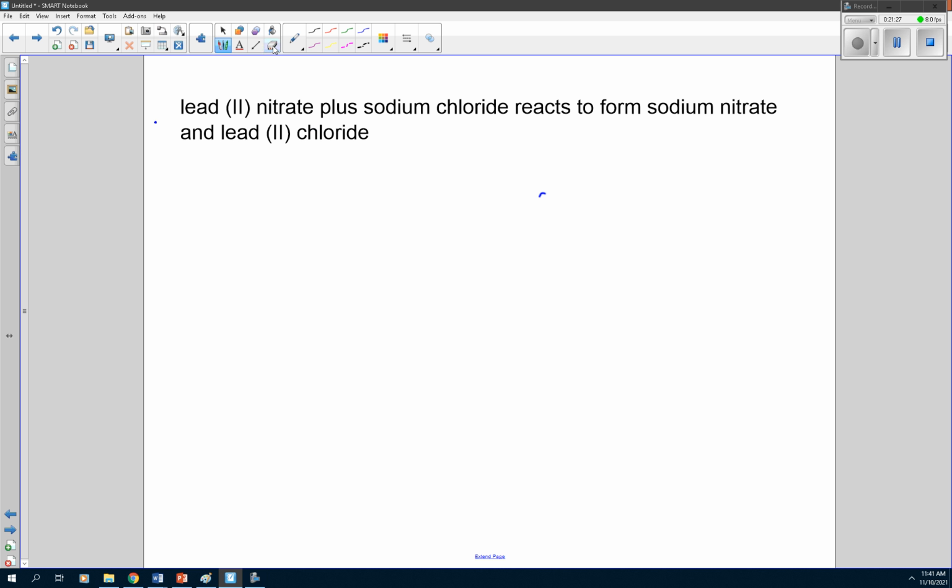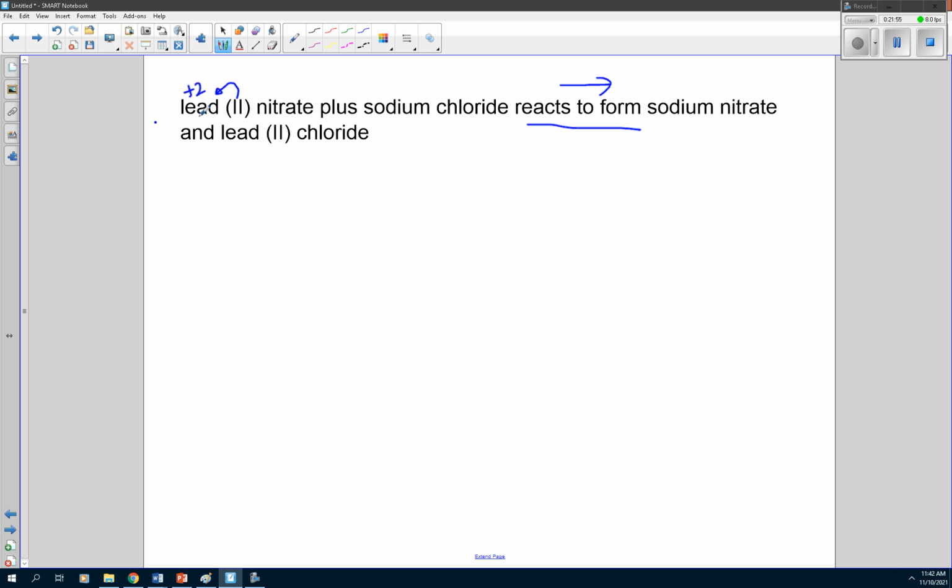If we tackle this problem, I can tell where my ingredients are. It looks like my ingredients are lead-2 nitrate and sodium chloride because it says reacts to form. So I'm assuming that these are my ingredients. My arrow is here. My products are sodium nitrate and lead-2 chloride. Remember, the Roman numeral 2 is there for transition metals to tell you what the charge of that ion is.